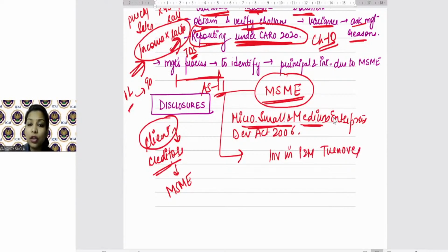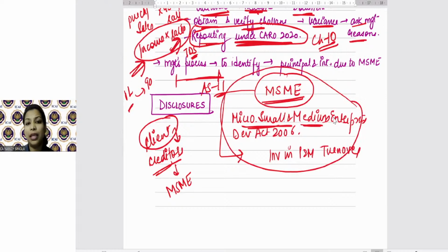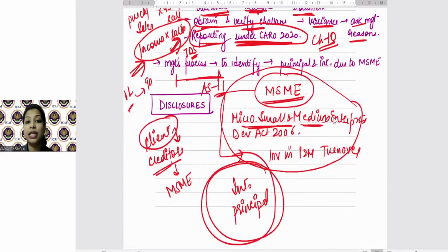So if any MSME is your payable, there are strict requirements that if any interest and principal is payable to an MSME, the company needs to have a process to identify such payables and to separately disclose them in their notes to accounts. Now what is so special? See, there are various schemes of government whereby these micro, small and medium enterprises are being encouraged.